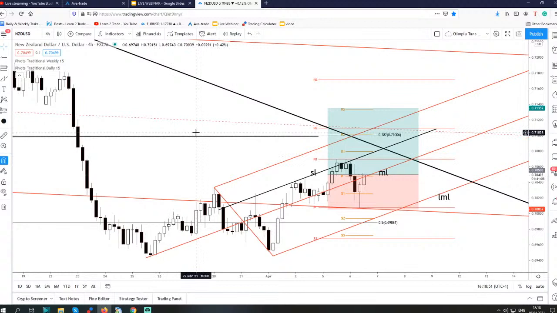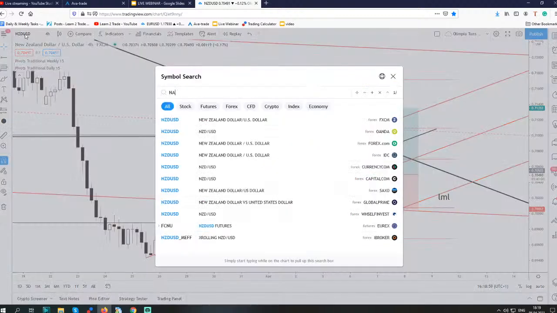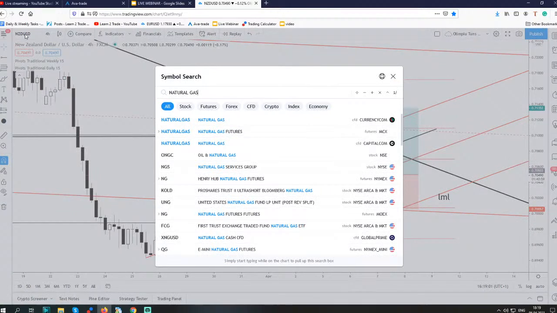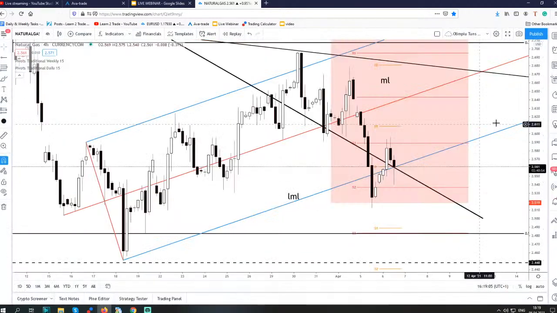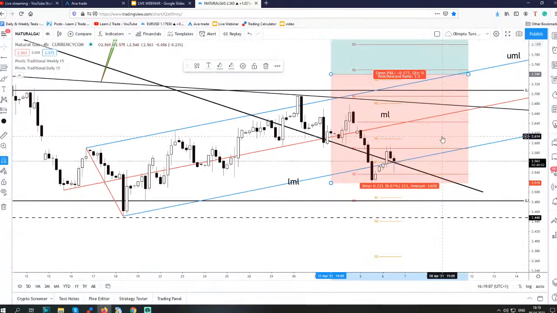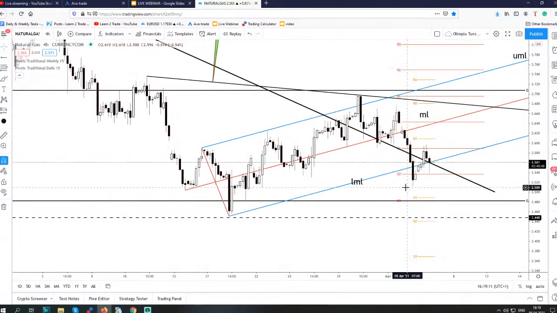Okay, let's take a look also on gas, as I've promised. We had a buy stop, but we closed this buy stop as the price failed to reach the entry level. Let's delete that.